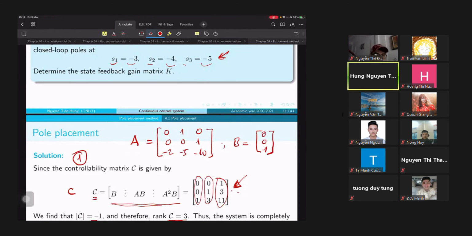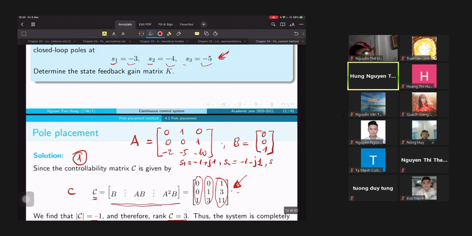So we expect that we put the first location of s at S1 equals -1 plus j1. S2, because this is a complex root, so I also have to put the conjugate, S2 equals -1 minus j1.